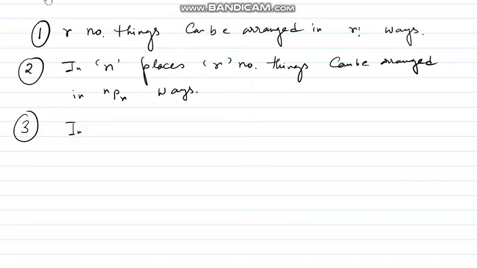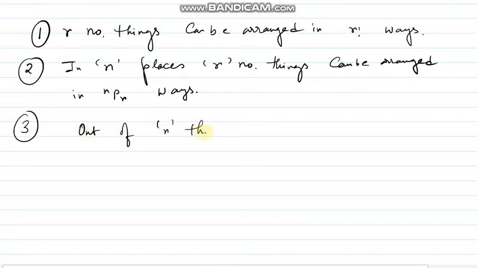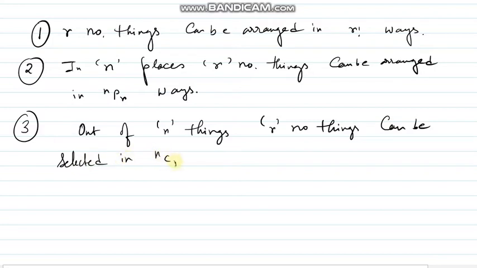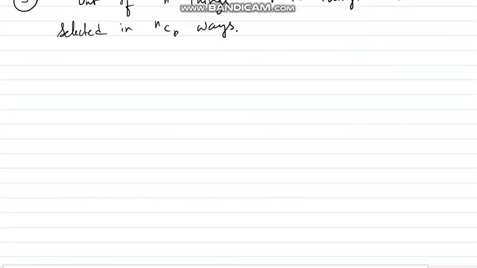Out of n things, R number of things can be selected in nCr ways. C stands for combination. By this time you know this notation, so using this we are going to do a couple of sums.